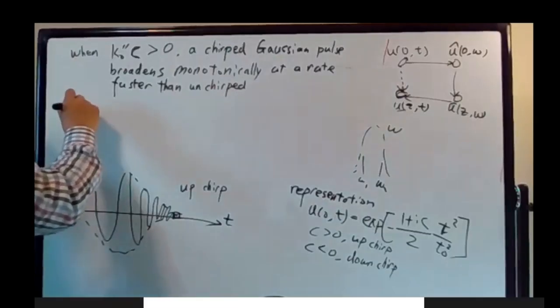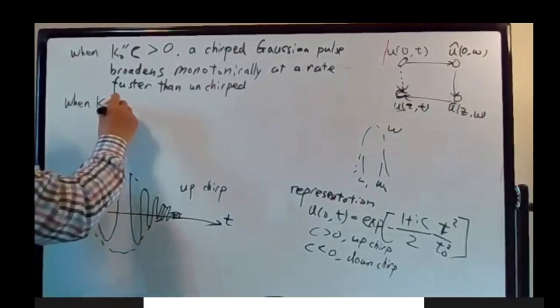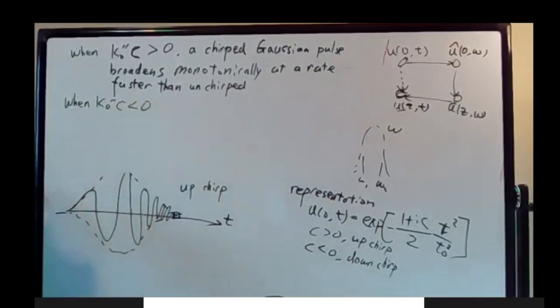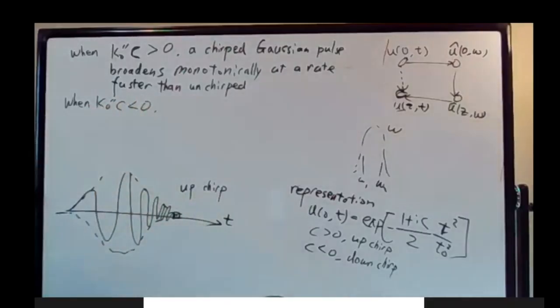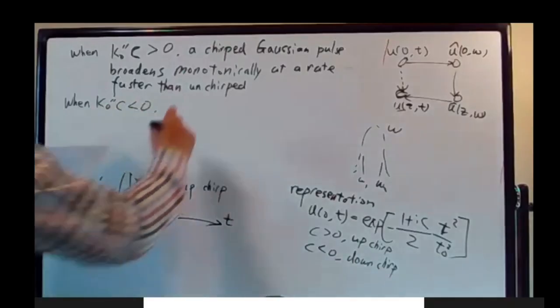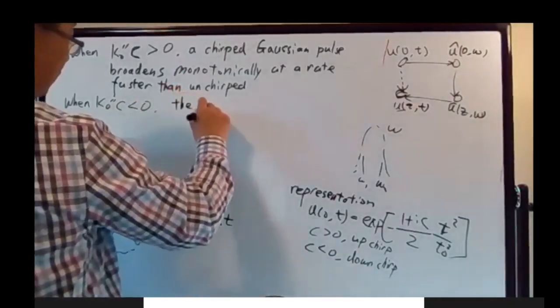So when k0 double prime and C are of opposite signs, the contribution is the opposite, right? The pulse width initially decreases, then increases.